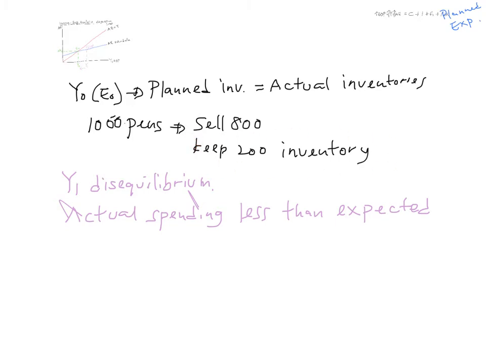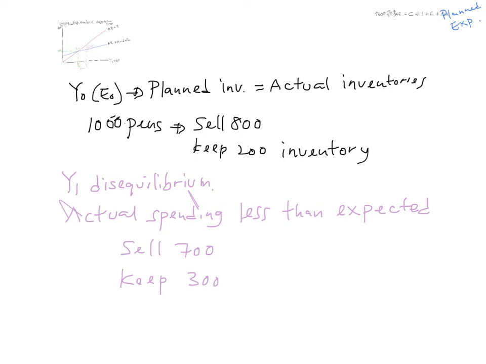So you have produced 1,000 pens, but instead of selling 800, you have sold less than 800. Let's say you have ended up selling 700. Now in your inventory, you have 300. You wanted 200, but you've ended up with 300. Okay?